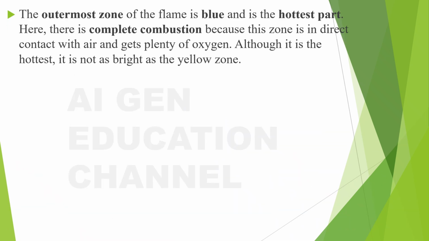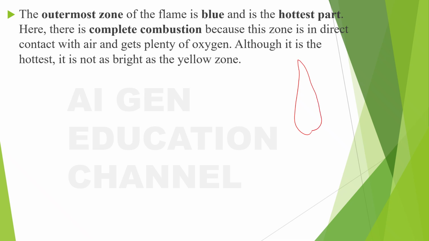Then the outermost zone of the flame is blue and is the hottest part. Here there is complete combustion because this zone is in direct contact with air and gets plenty of oxygen. Although it is hottest, it is not as bright as the yellow zone, right?